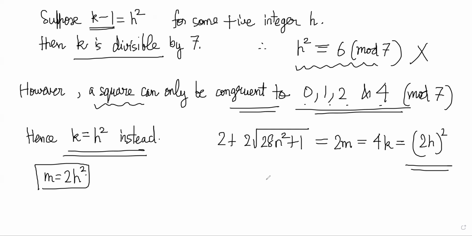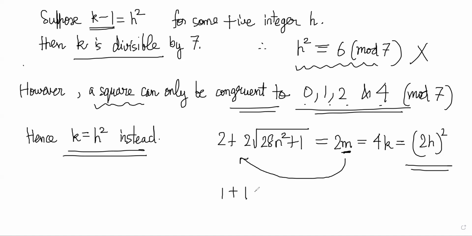You have to revisit the argument in the previous screen here. This m was 1 plus 1 times root over 28 n square plus 1. So 2 plus 2 times this is basically 2m, right?